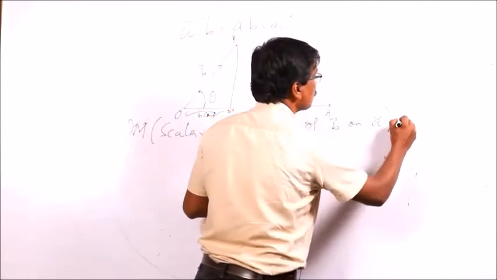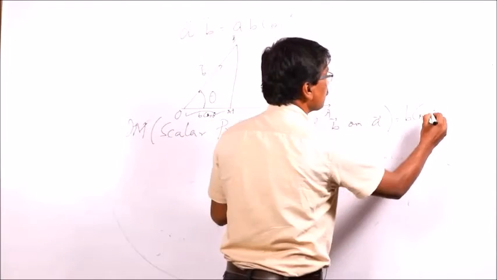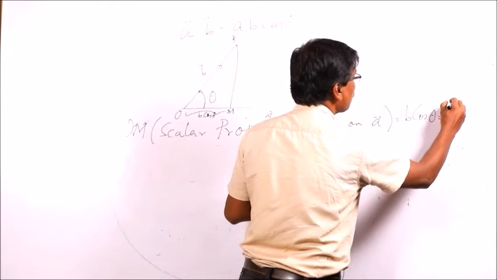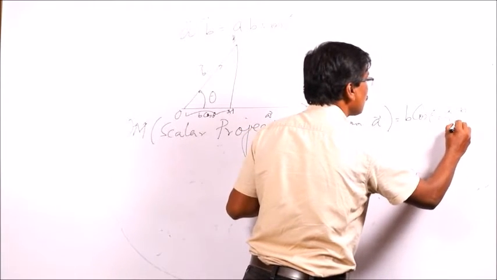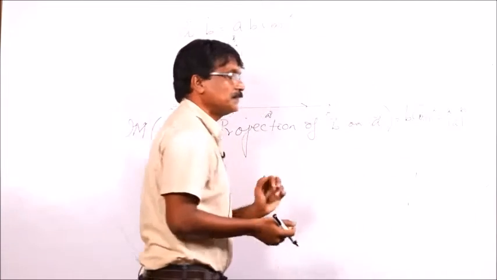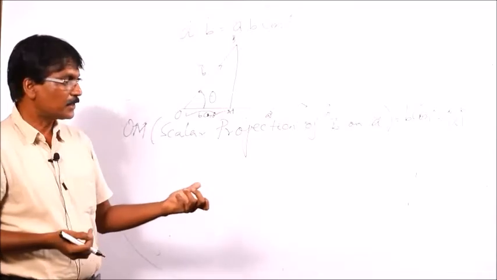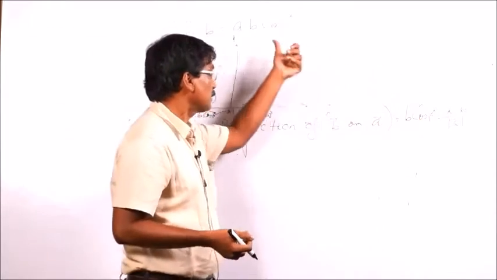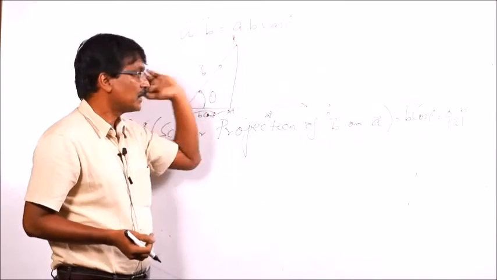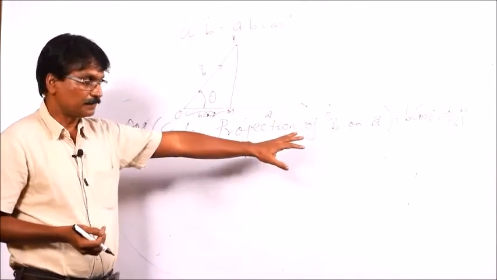So B cos theta can be represented as A dot B divided by magnitude of A, because A dot B is equal to AB cos theta. Here A is simply the magnitude of A, a scalar quantity. So it's called the scalar projection of B on A vector.